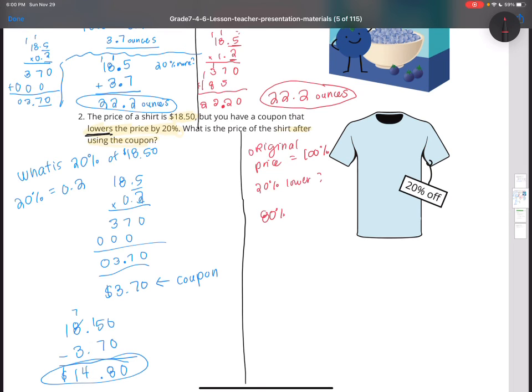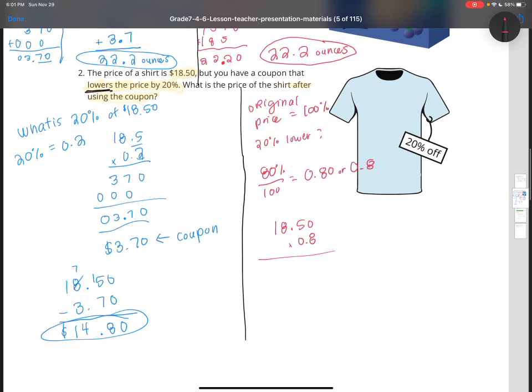Now remember, in order to convert that percent to a decimal, we divide by 100, and that's going to give me 0.80 or 0.8. So what I want to do is multiply $18.50 times 0.8. Okay.